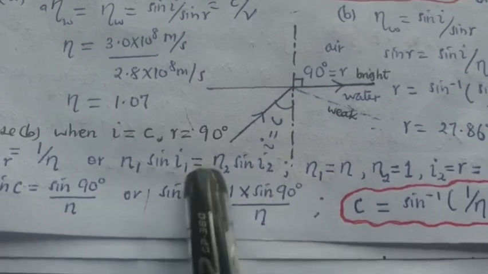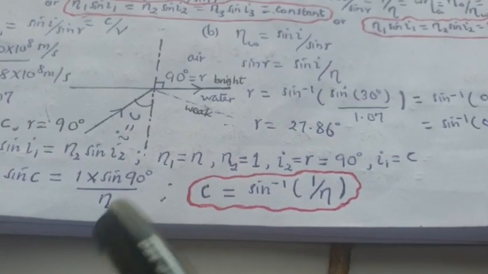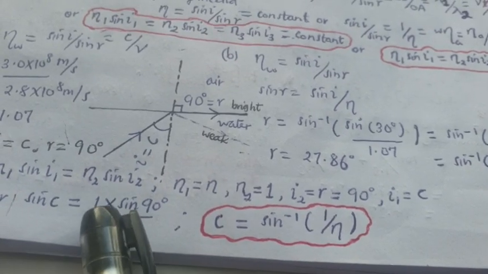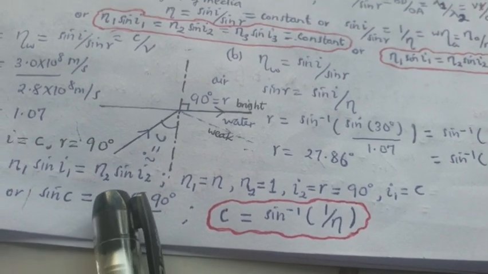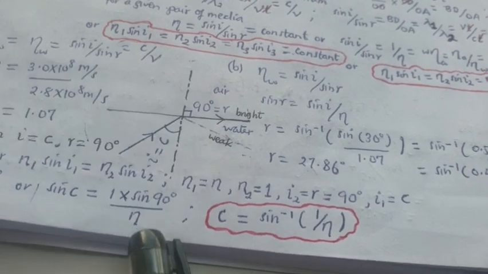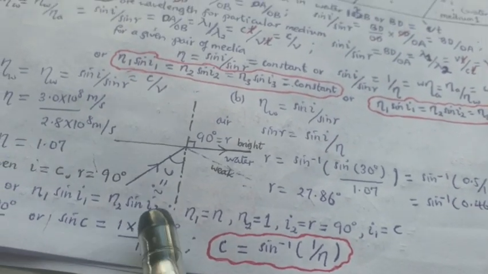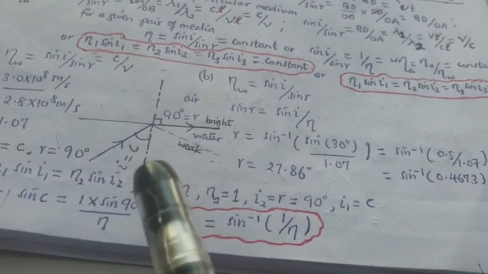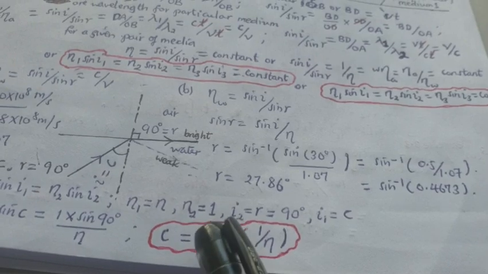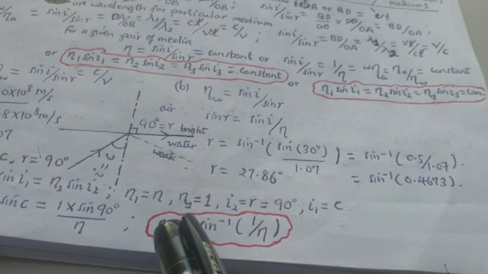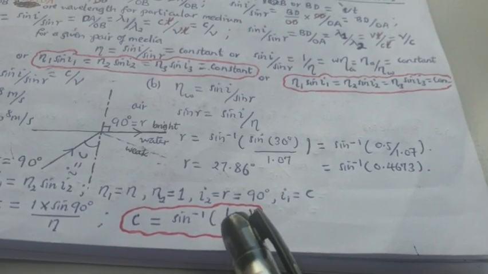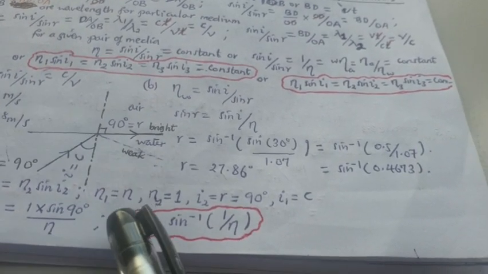By that arrangement we substitute. Here we will have the critical angle, which is equal to the refractive index of air times sine of 90 degrees divided by the refractive index for the given media. Remember, sine of 90 degrees is equal to 1, and therefore the arc sine, the inverse of sine, of the reciprocal of this refractive index is equal to the critical angle.